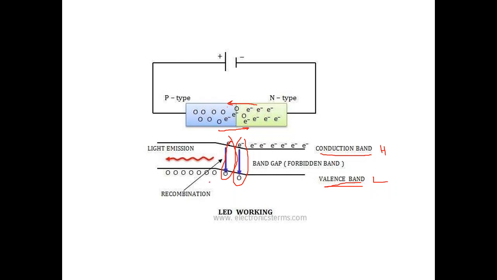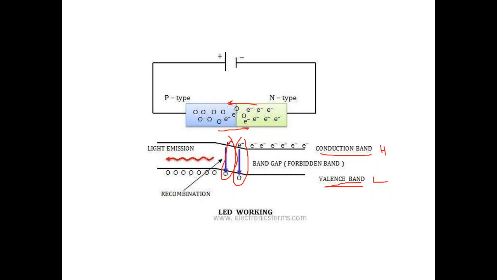How are holes called the absence of electrons? Here the absence of an electron exists. How is the absence of an electron formed? When the electron gets external energy, it jumps from the lower energy level to the higher energy level.